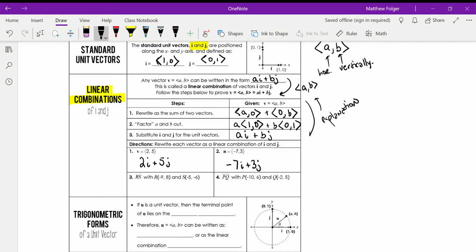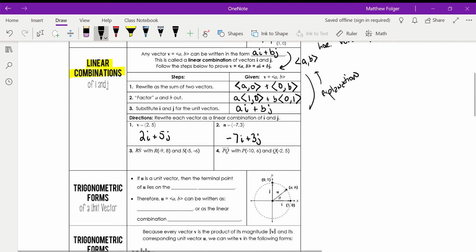And then, for these two, you have to remember, these are actually giving you the endpoints. So we actually don't even have the component form yet, but you have to remember, these linear combinations that we have here are actually using the component form. So the first step for this is going to be, we want to turn that into component form. So you subtract the x's and subtract the y's. Negative 5 minus negative 9 is 4.